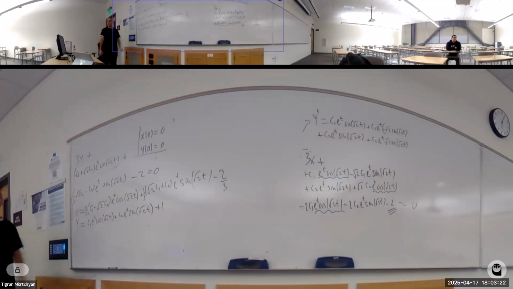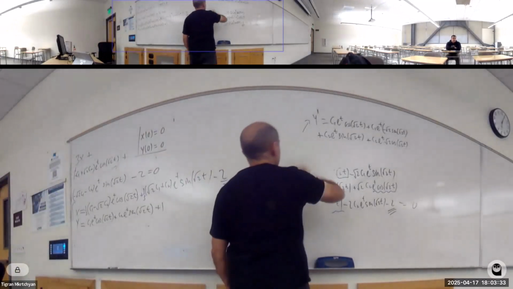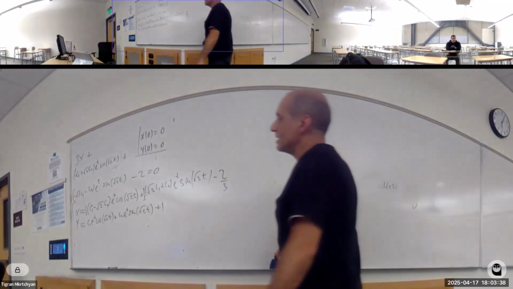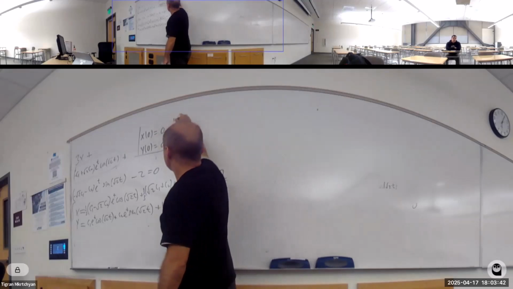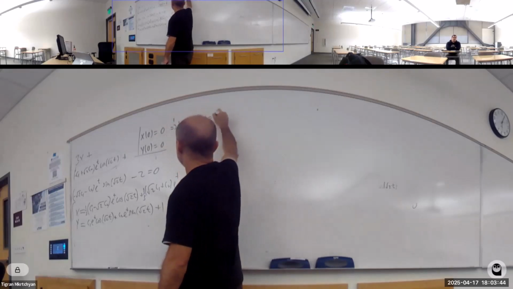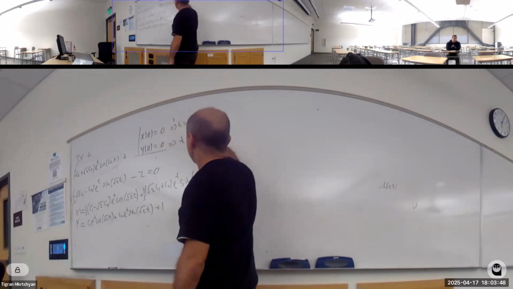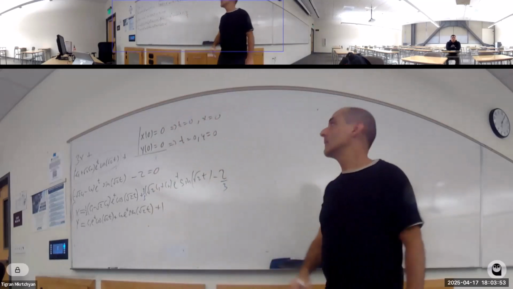Except we have initial conditions, so we need to figure out C1 and C2. Questions so far? To get C1 and C2 for the initial value problem, it's an easy one. We have to plug in what? t is 0, x is 0 into the x, and t is 0, y is 0 into the y.